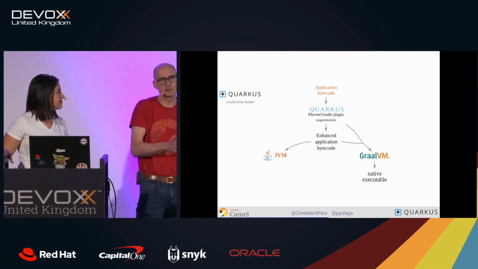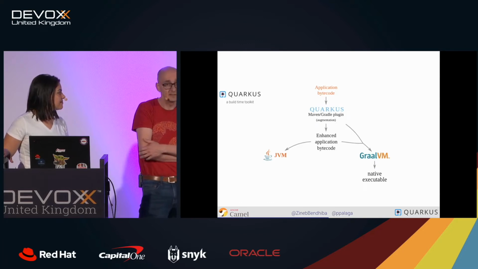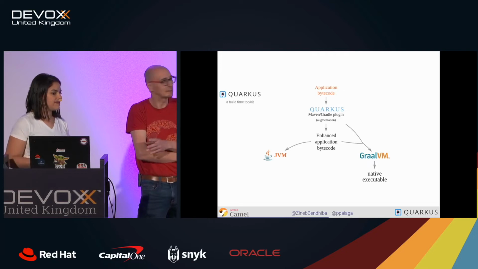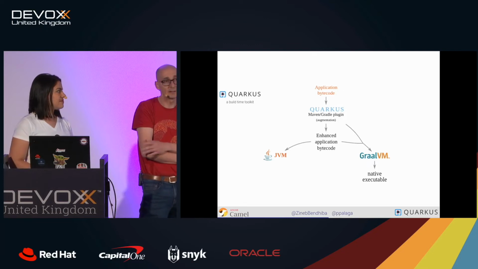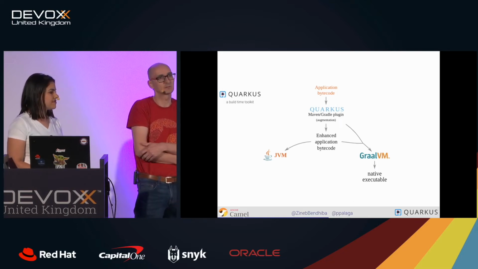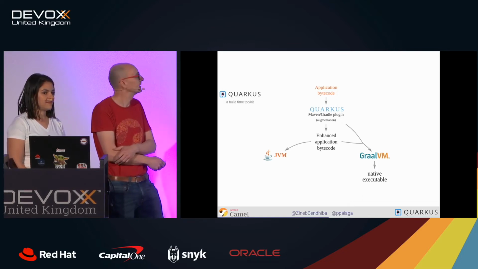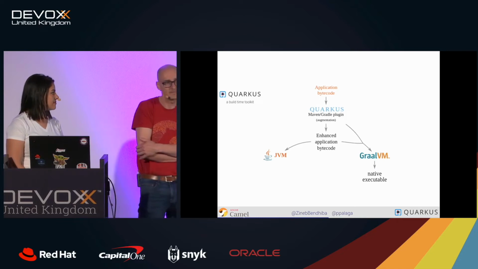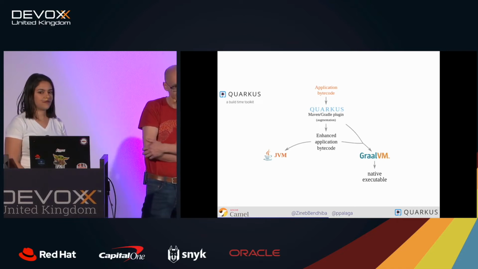I'm not going too much into details about what that augmentation means, but important for us at this point is that this is still bytecode. It's a bit different, but it's still bytecode, right? And it means that it can be run on a stock JVM, such as HotSpot.